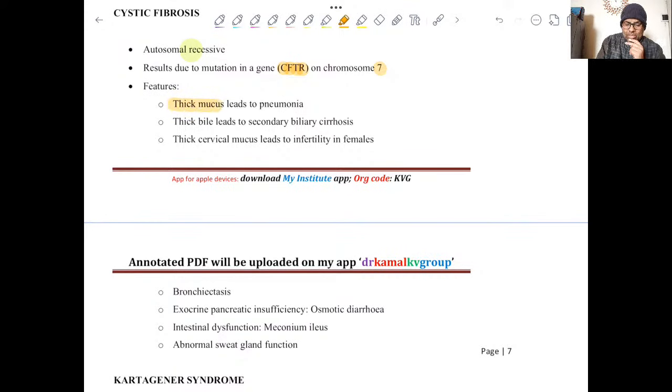Suppose thick mucus in the respiratory passage will lead to pneumonia. Thick bile in the common bile duct will lead to secondary biliary cirrhosis. Then thick cervical mucus in the female will lead to infertility.